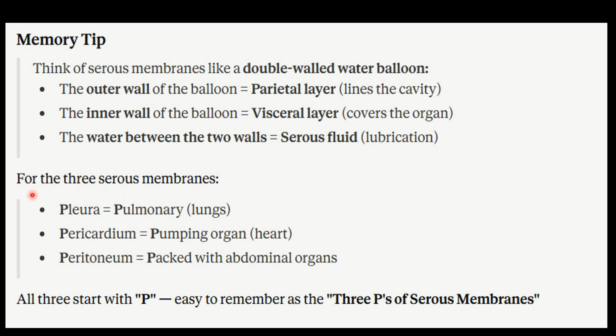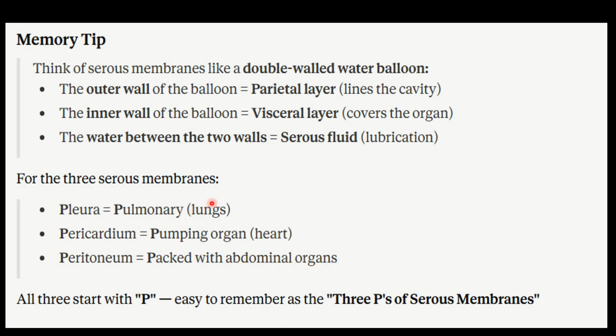Now we also have three types of serous membrane. We haven't discussed them in detail yet, but just keep them in mind. We have pleura, that is pulmonary, the lungs; pericardium, that is the pumping organ, the heart; and peritoneum, that is packed with the abdominal organs.